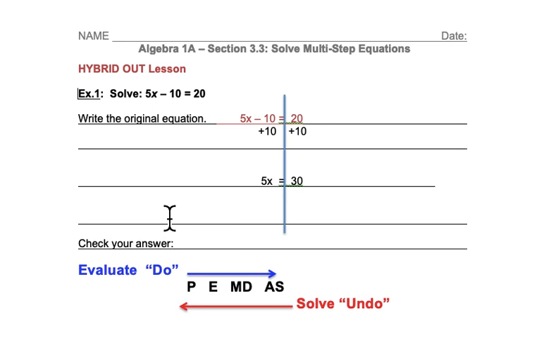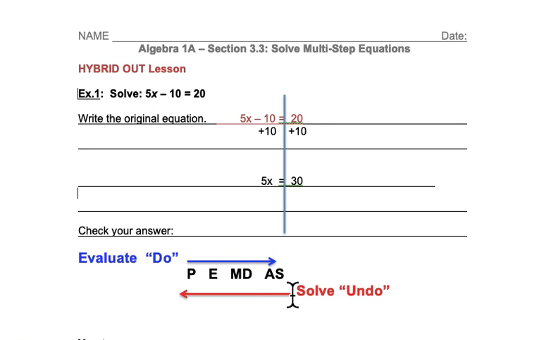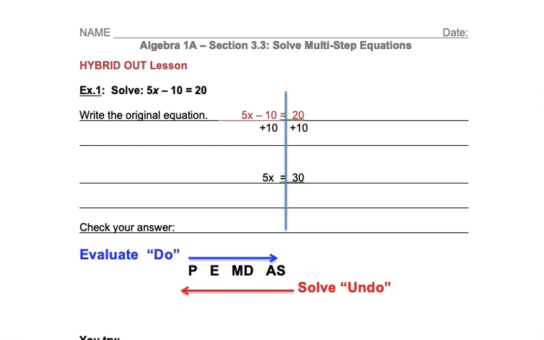The next step then is we've undone the subtraction. Now let's undo the multiplication by 5, and we undo multiplication by 5 by dividing each side by 5. It's going to be a little difficult using typing for me to show division by 5. Usually we just put a fraction bar, but I'm just going to put /5 on each side, and you know that means to divide by 5.